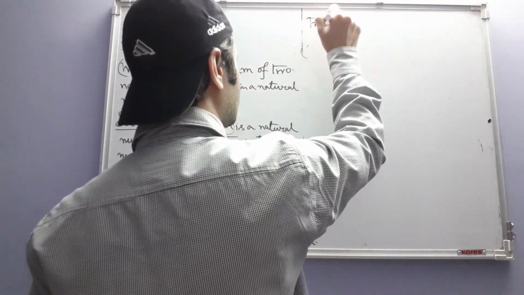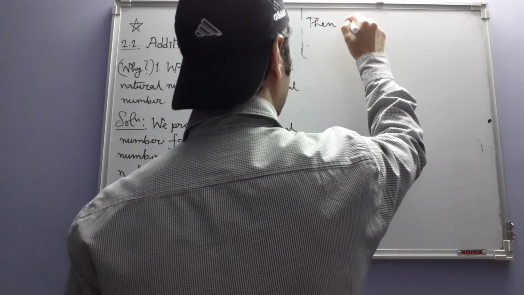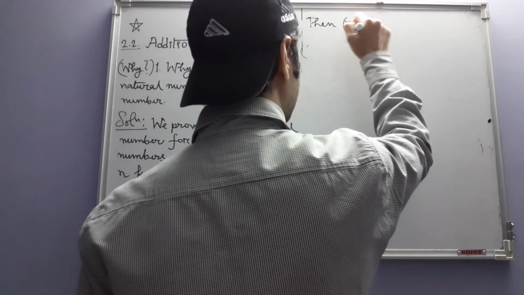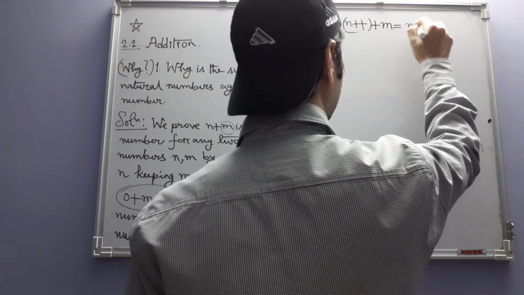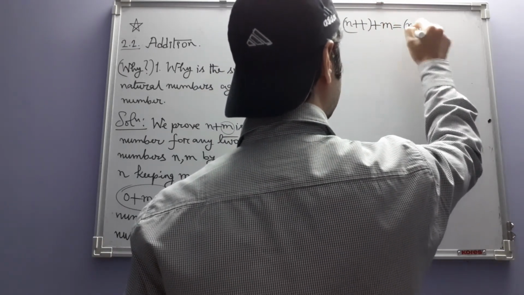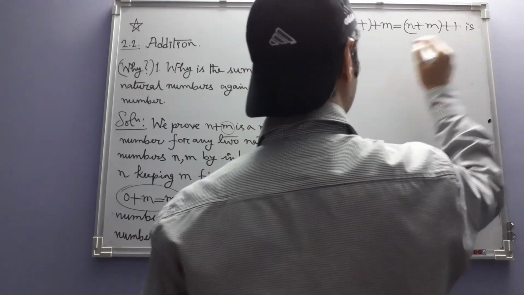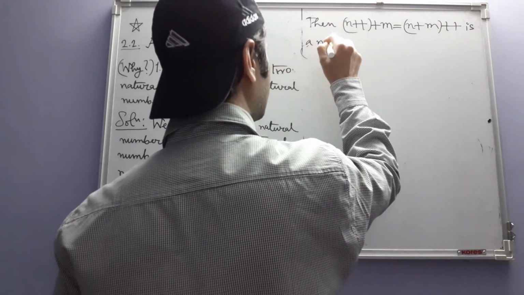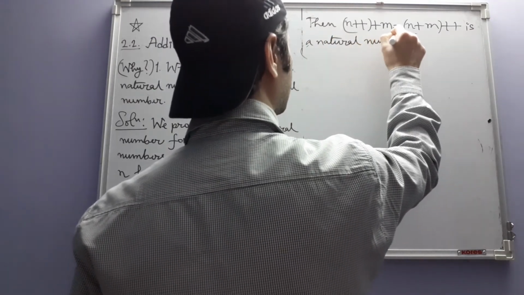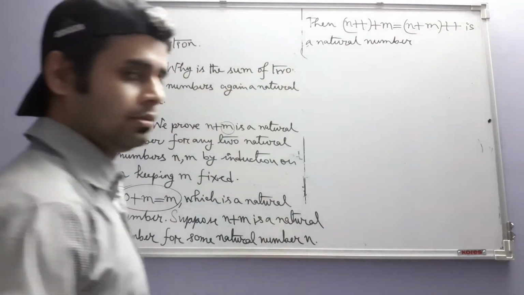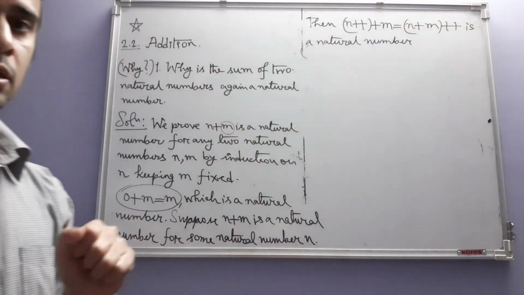Then n plus m is equal to, by definition, the successor of n plus m, which is a natural number. Why? From here, how can I conclude that this is a natural number?